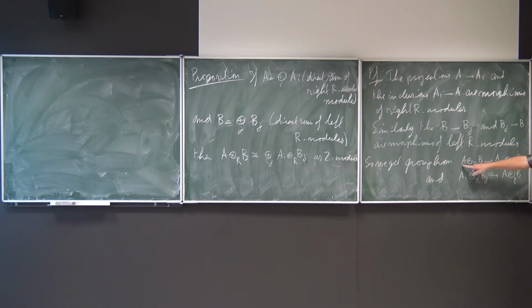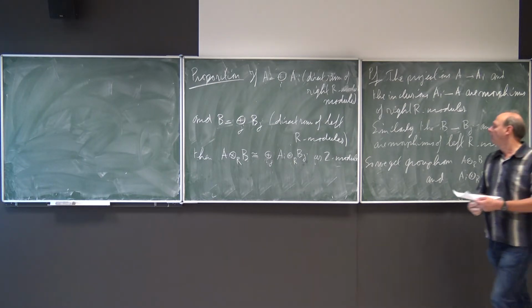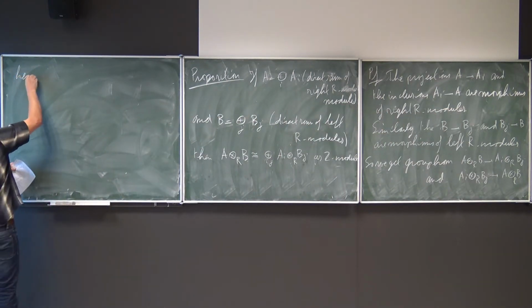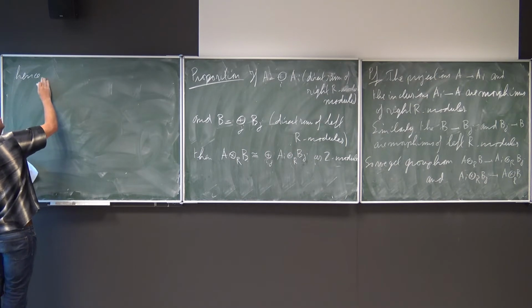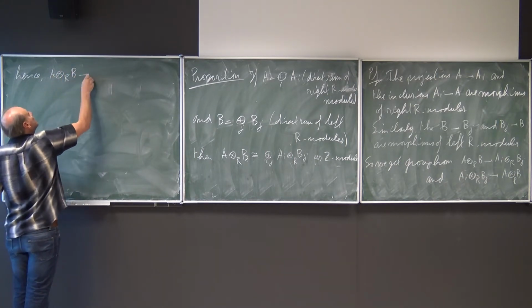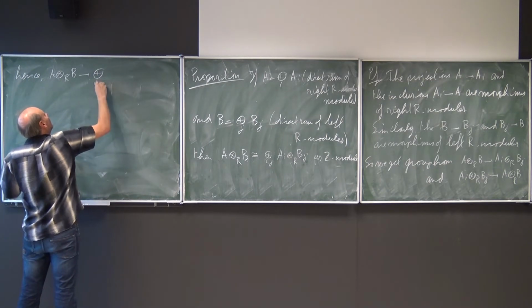Because for every element I have only finitely many generators in an expression, and in each generator only finitely many A_i will give a non-zero contribution. Same for the B_j. And therefore, if I take the product, I go from A tensor over R with B to this big direct sum.